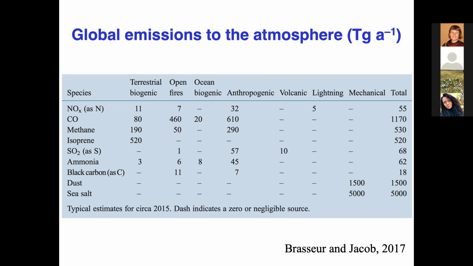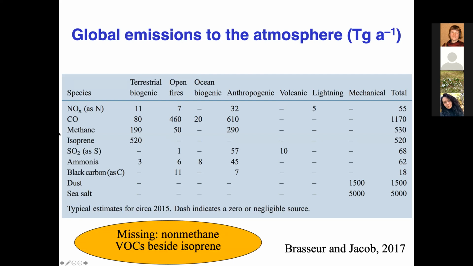What came into my mind when I saw this figure, I thought, hey, Daniel and Jacob, what is this? You have there isoprene and methane, but what about all the other VOCs like monoterpenes and sesquiterpenes, which play a very important role, as you heard in the last days, in the aerosol formation also, so on our budget to get the particles in the atmosphere correct.